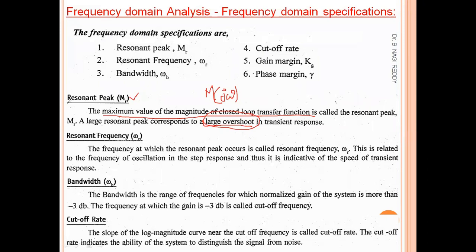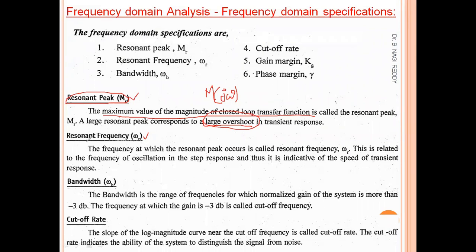That means the frequency where we get this resonant peak, at which the resonant peak occurs, is called the resonant frequency.